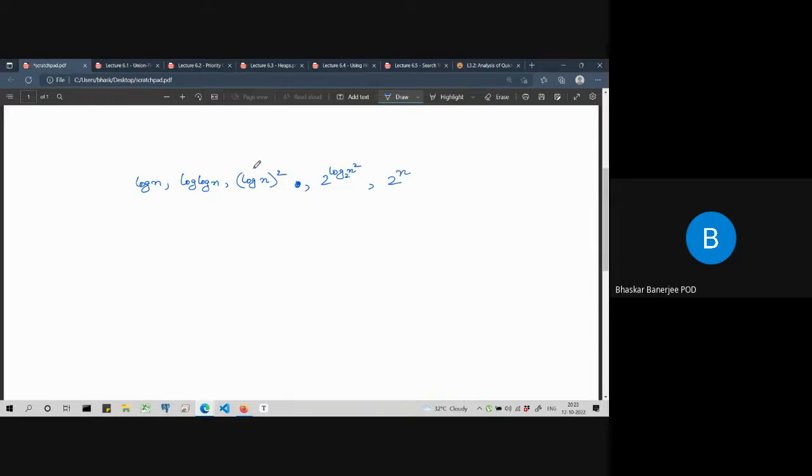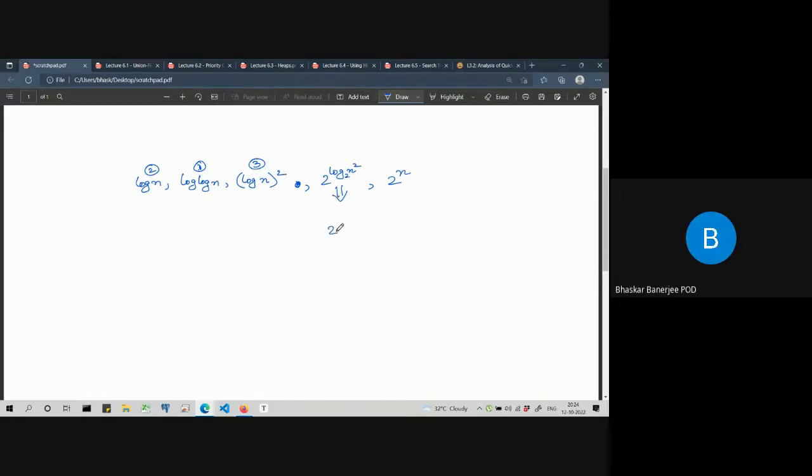So if I see over here, which one would be the smallest one? Log n. So this would be my smallest one. Then log n square. Then 2 power log n, what is this, by the way? 2 power 2 log n.